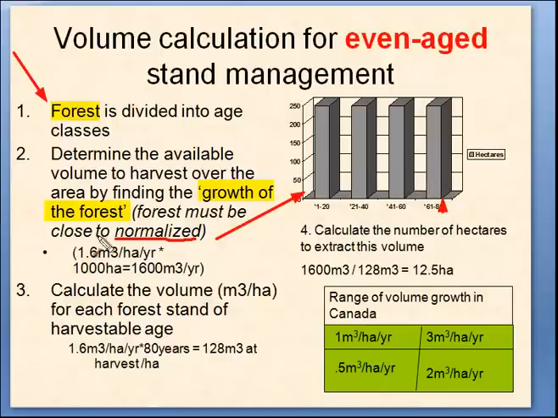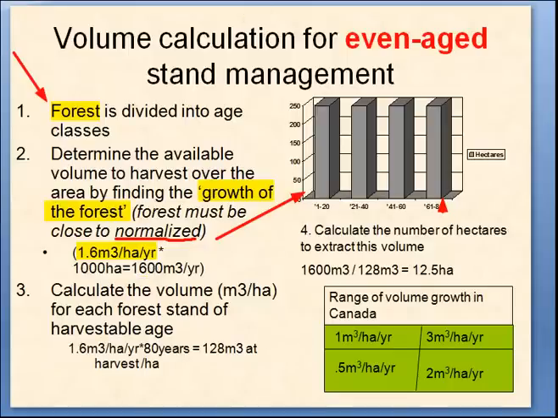Okay? So, we assume that the forest is growing, and this is a nice forest, it is growing 1.6 meters cubed per hectare per year. So over the whole forest, that's the assumption we make, for this particular forest.